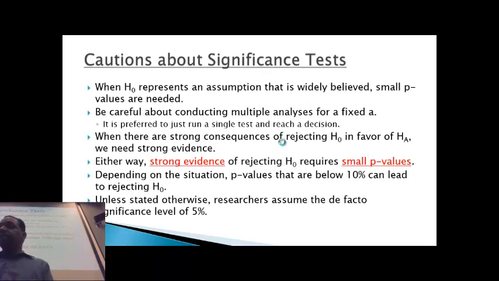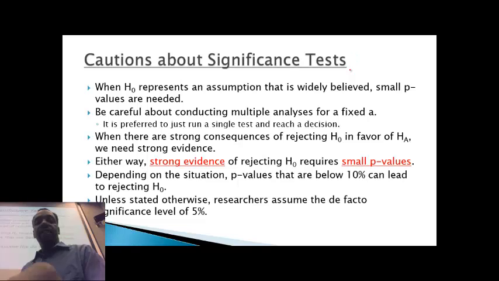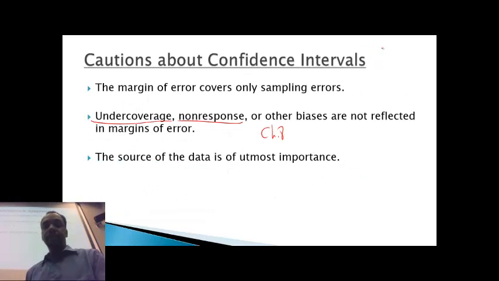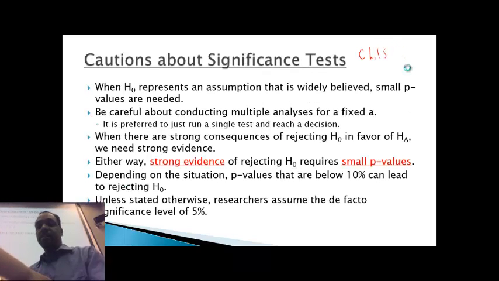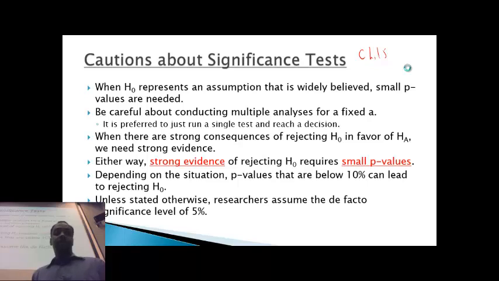Moving and grooving into page 2, excuse me. What are some cautions about significance tests? And that was chapter 15. This guy is chapter 14. Okay. When the null hypothesis represents an assumption that's widely believed, use a small p-value. And here's the big kicker.